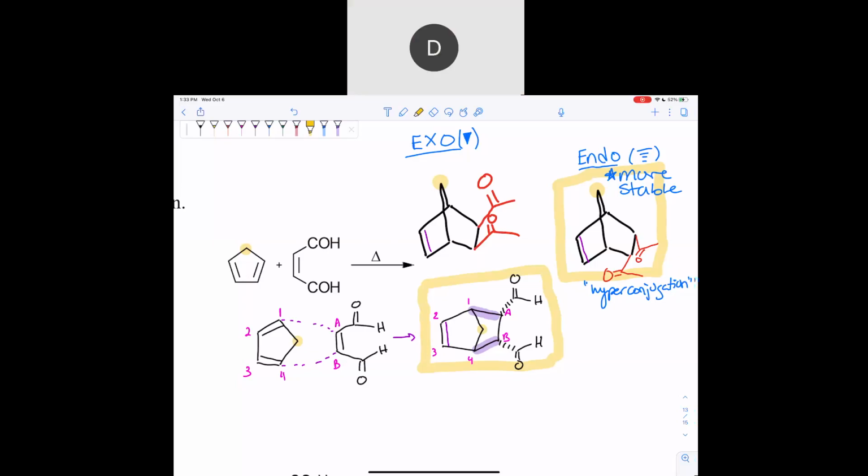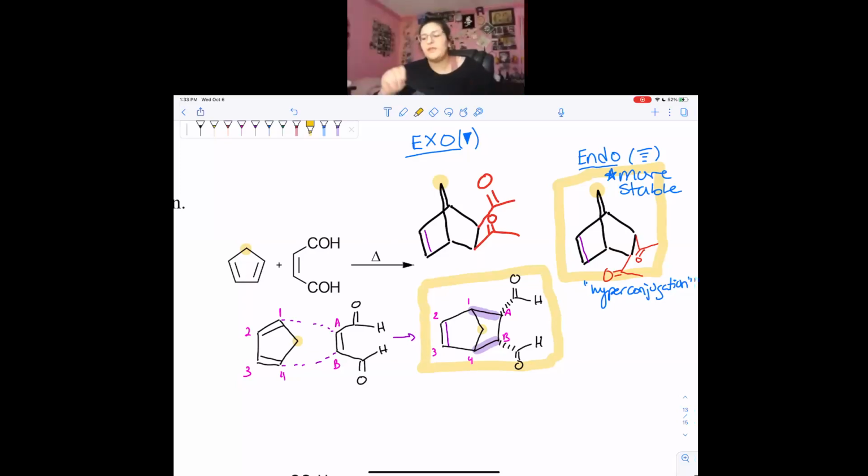So somebody asked, how do we know it's endo? So in this class, endo is always going to be favored because it's more stable. Since this is pointing down towards the double bond, we can say that they are stabilizing one another. So this whole system is more stable. So that's what's favorable.